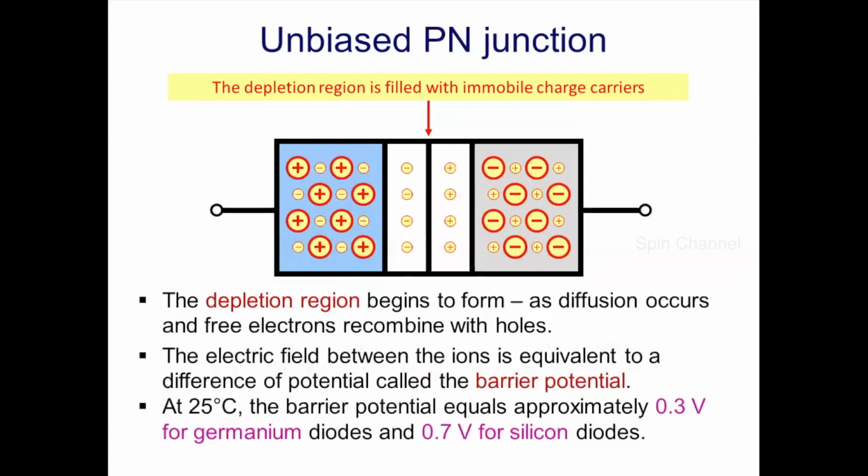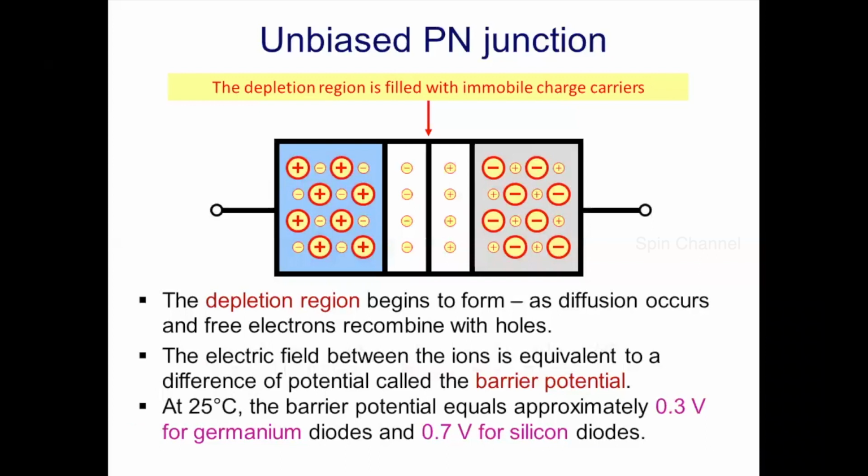The ions on the p side and n side create an electric field with negative polarity on the p side and positive polarity on the n side, as shown in the figure. This difference of potential is called the barrier potential. At room temperature, the barrier potential equals approximately 0.3 volt for germanium and 0.7 volt for silicon diodes.